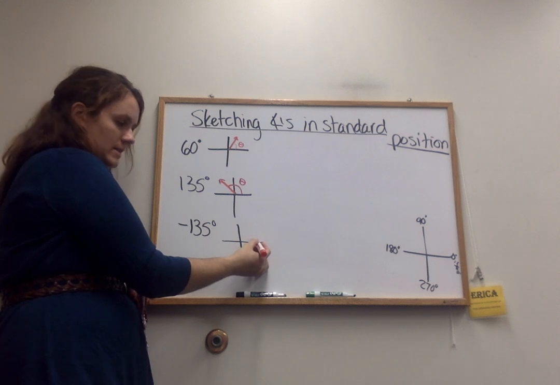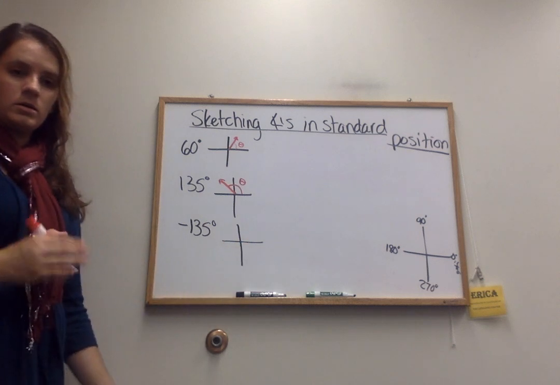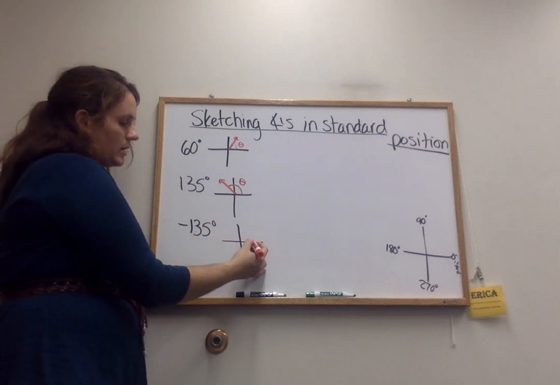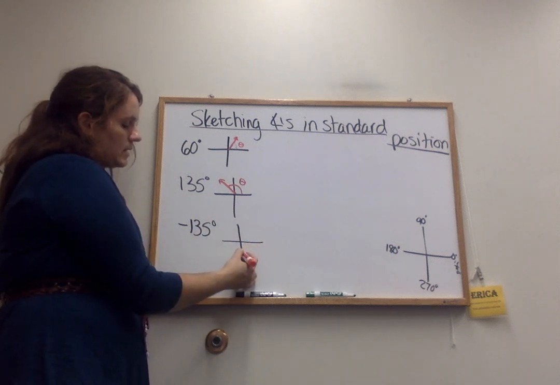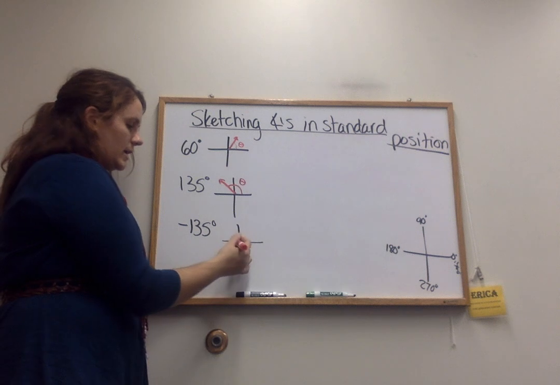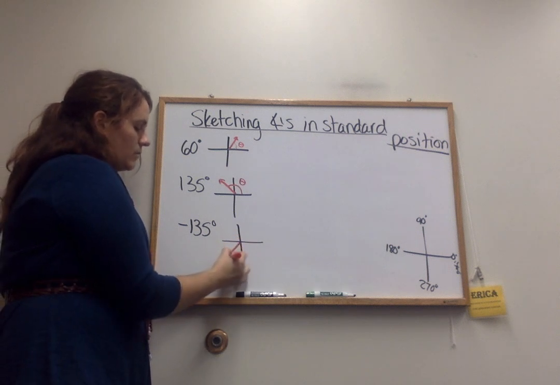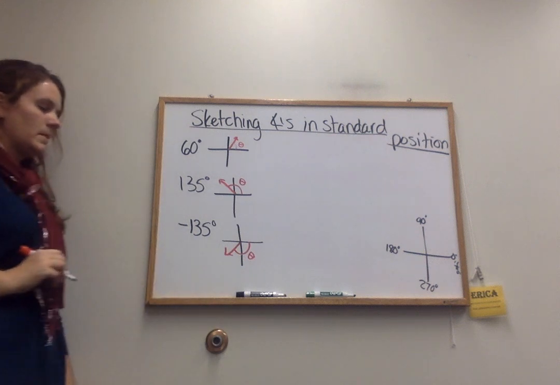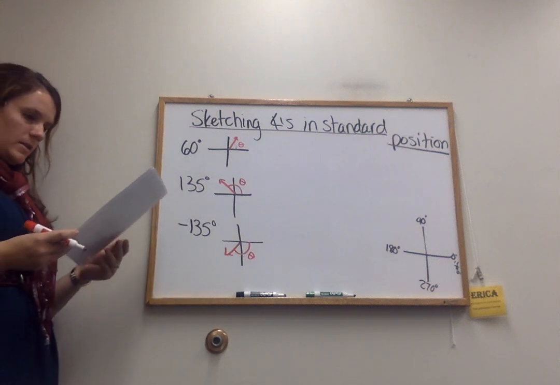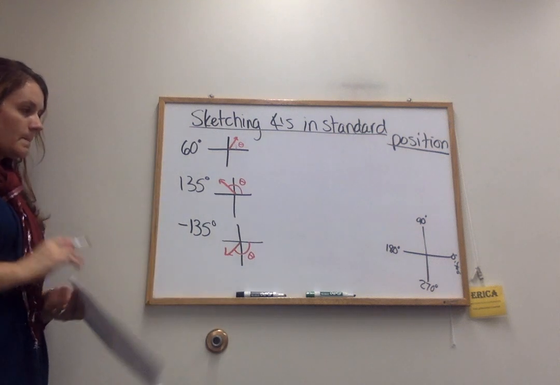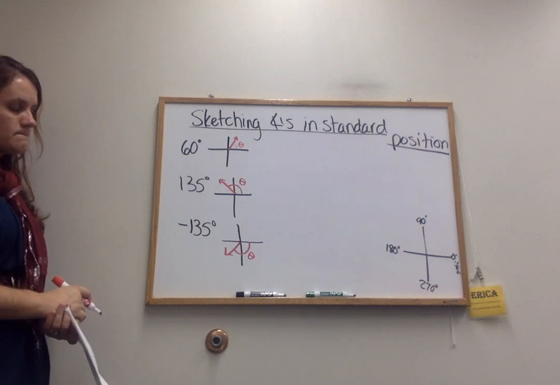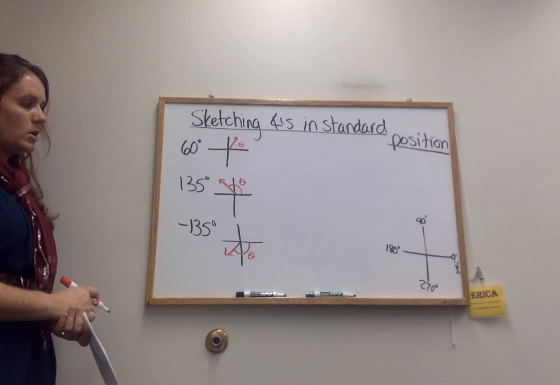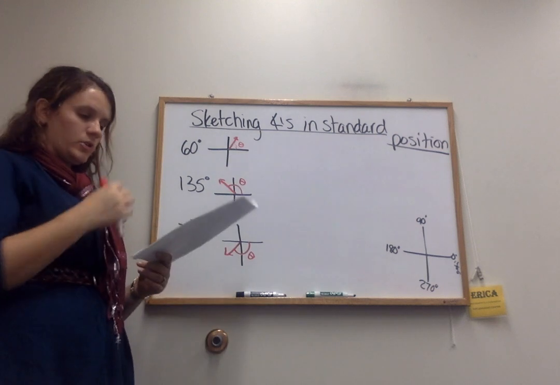Okay, the positive x-axis is still our initial side, but we're moving in the other direction. So we go backwards 90 degrees, but we don't go quite to 180 degrees. So negative 135 is actually going to be in quadrant 3. Right, and that is our theta. So that's graphing angles that are given to you in degrees.